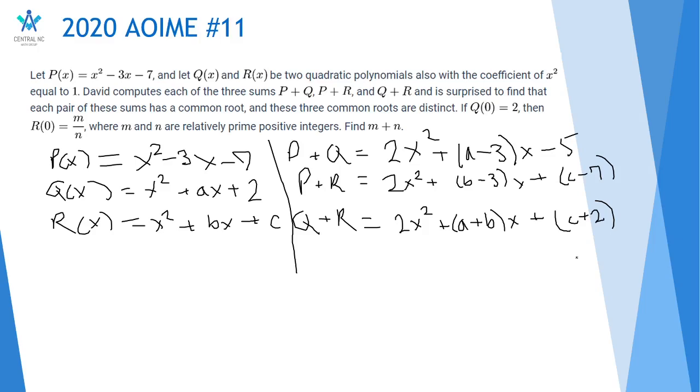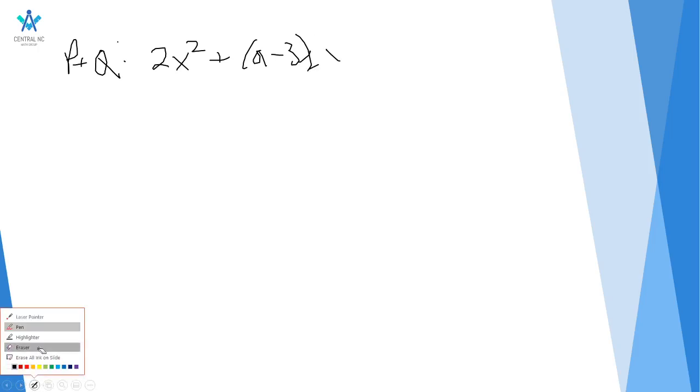All right, okay. So we know that each of these has a common root. So let me just rewrite them out. You can probably skip this part. It's just rewriting the polynomials that we had before. Sorry for taking a bit of time.